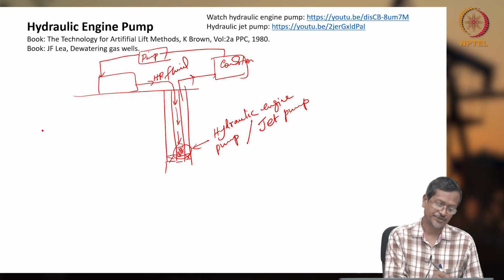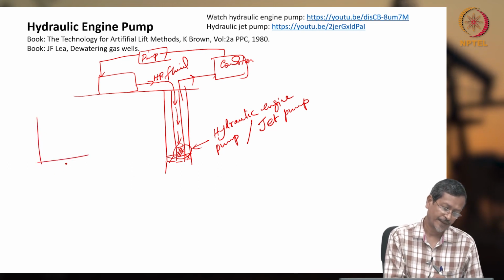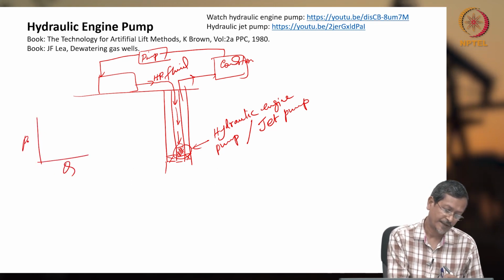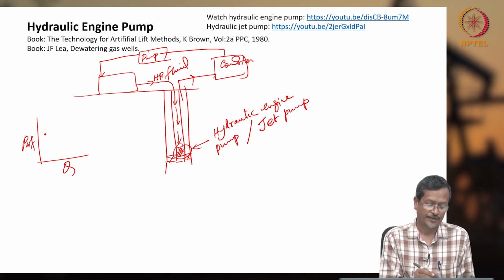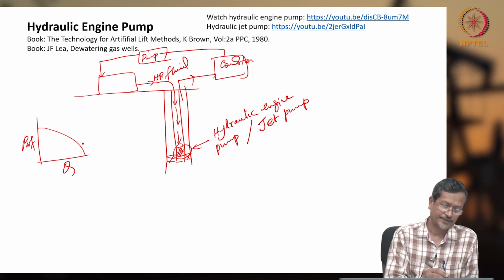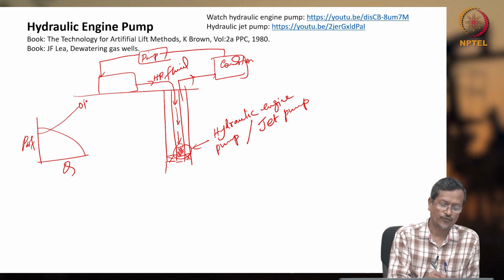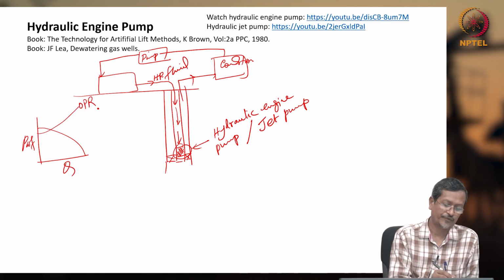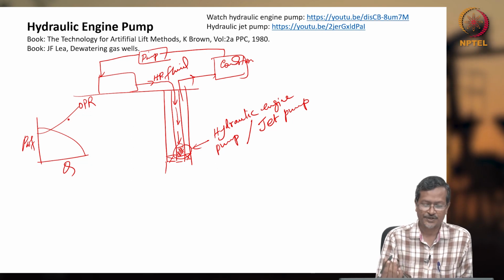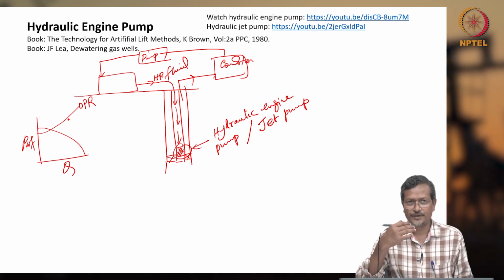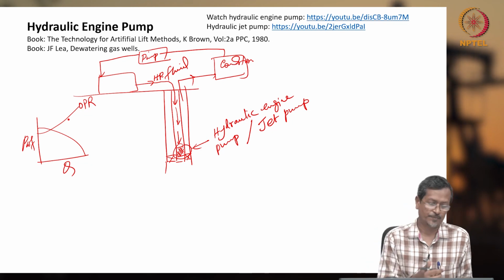How is low flowing pressure created? I already told you that there will be flow rate and PWF, the flowing pressure. If you draw the IPR curve, it is like this. Initially, let's assume my curve was there, the outflow performance relationship or tubing performance relationship, and because of this jet pump you reduced the hydrostatic pressure or PWF.